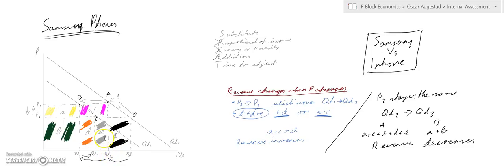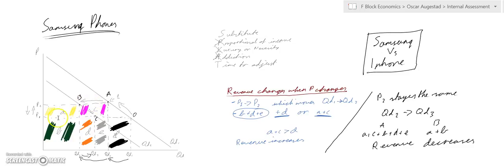No matter what I do over here, if I choose to have the price on O or on A, my revenue boxes B, D, and E will stay the same. I can choose between D or AC, but since I've gone up from O to A by increasing the price, I got A and C, which is now my revenue boxes.